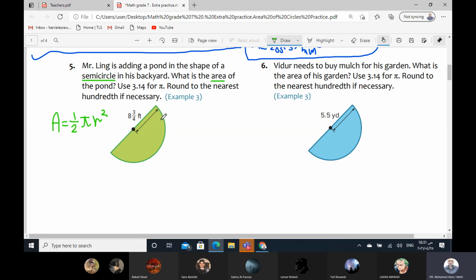And here the information we have is r equals 8 and 3 over 4.